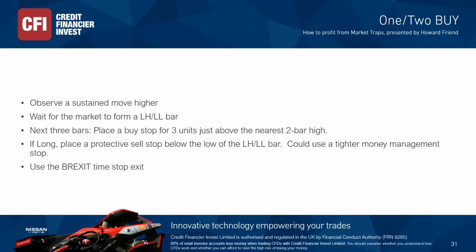So if I happen to go long, I need to protect myself with a stop loss. Where do I put my stop loss? Typically I will put my stop loss below the lowest point of the correction. So in other words, below the low of the 1 bar, the lower low and the lower high bar. You could also use a tighter money management stop if that distance is too big.